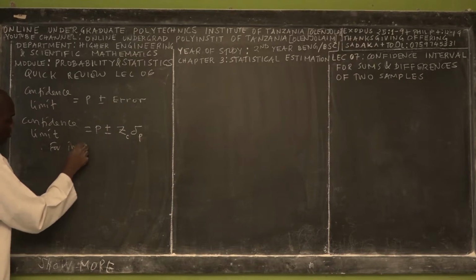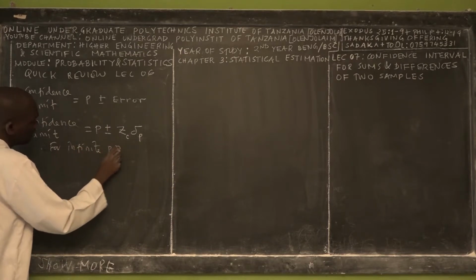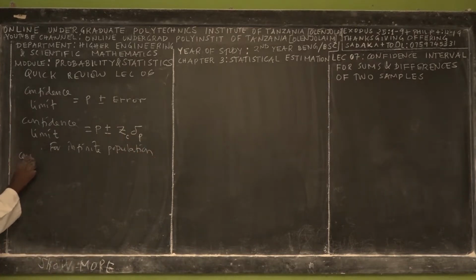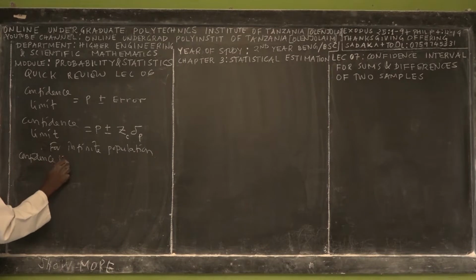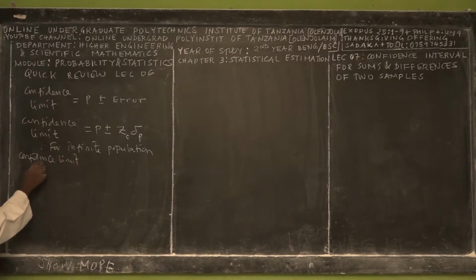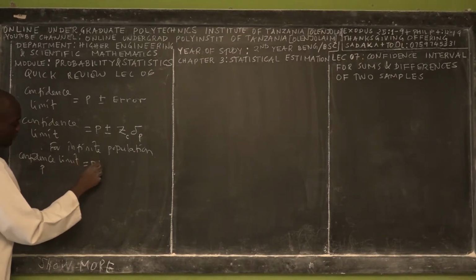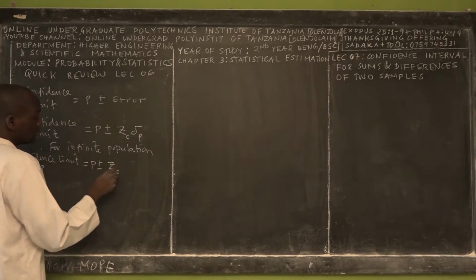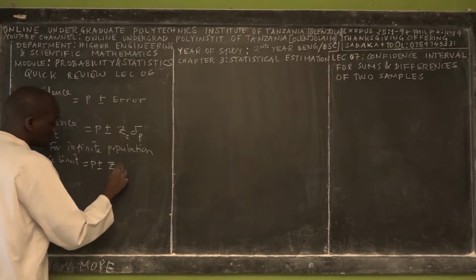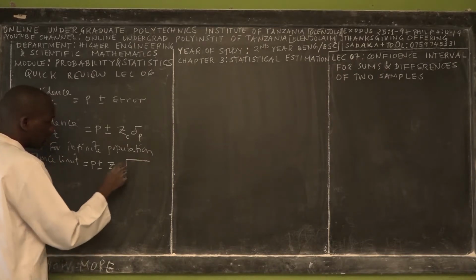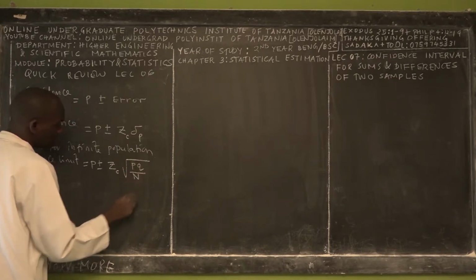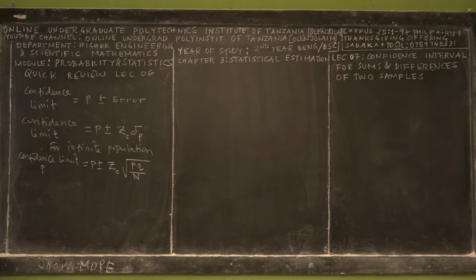For infinite population, the confidence limit about proportion is given as probability of success plus or minus the standardized value at critical value, multiplied by the standard deviation, square root of the product of probability of success and probability of failure over sample size. That is for infinite population.